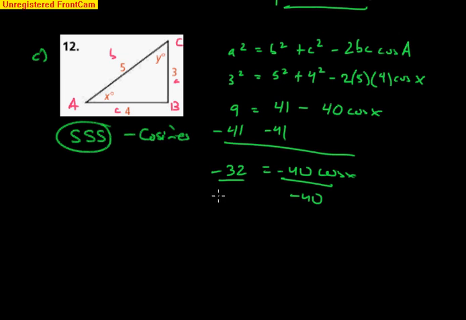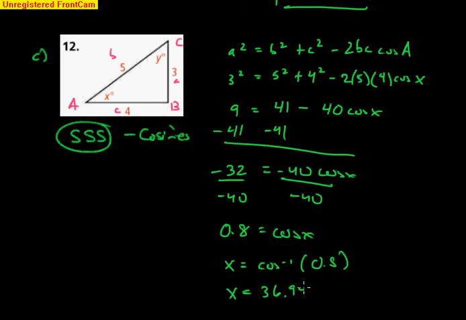Then we divide by negative 40. And we get 0.8. This comes out even. Equals cosine of x. And then to find x, we take the inverse cosine of both sides. So really what it says is x is the inverse cosine of 0.8. Inverse cosine. And this comes out to be, rounded to one decimal place, x is 36.9 degrees.